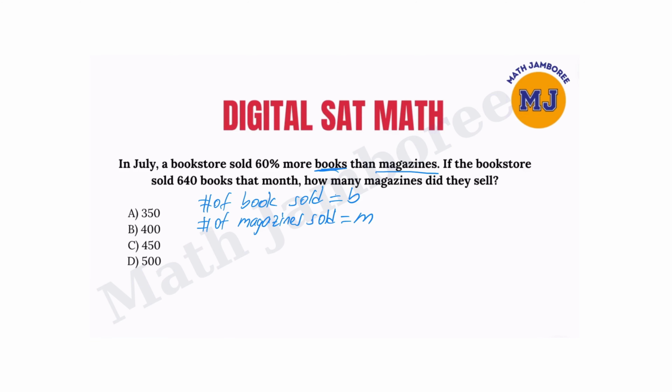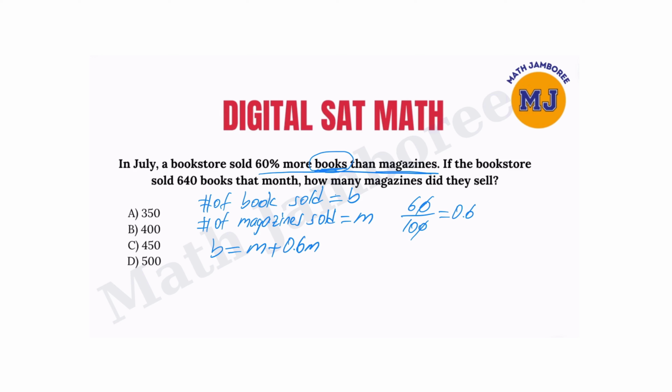Which one is more? The bookstore, so the books are more. So books B is equal to M plus 60% of M. If you simplify 60%, 6 over 10, that is 0.6.